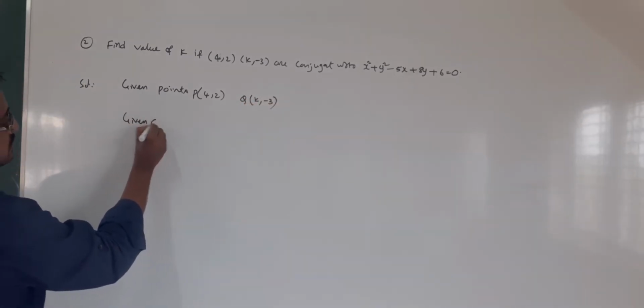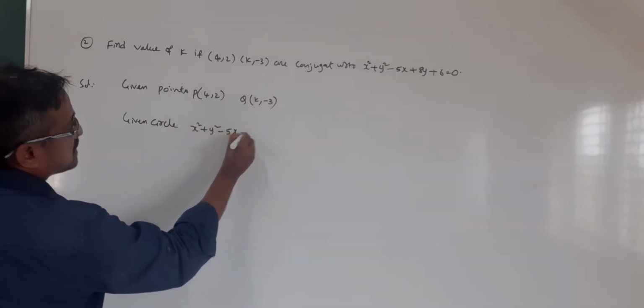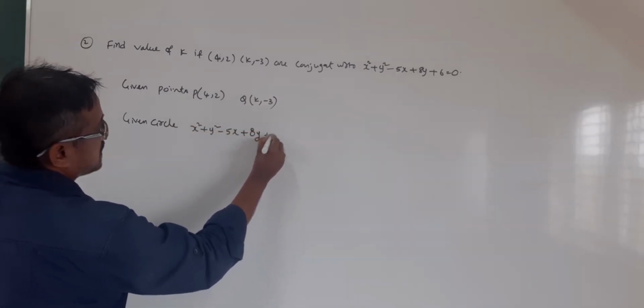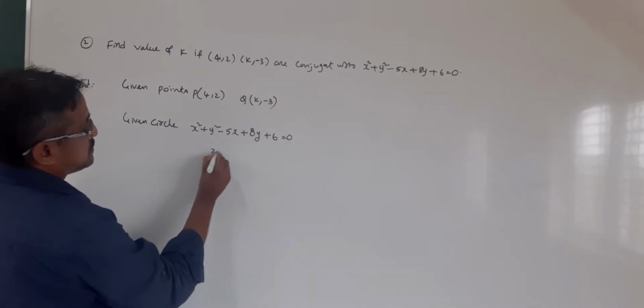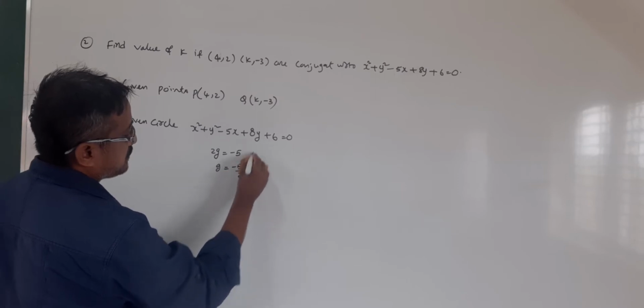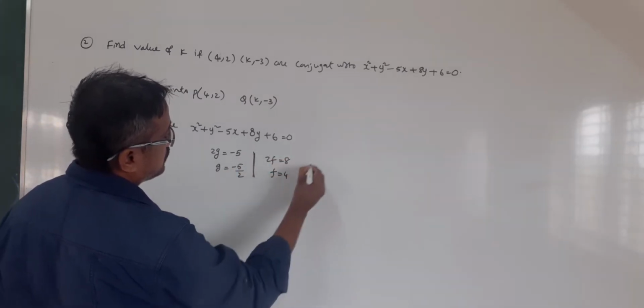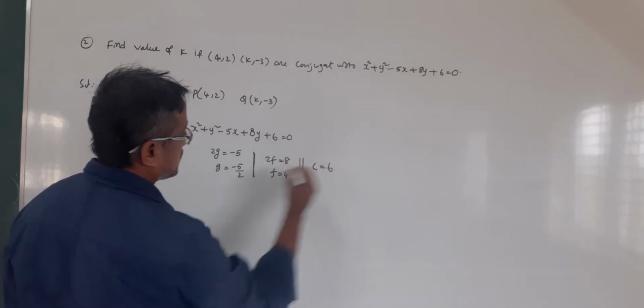Given circle x² + y² - 5x + 8y + 6 = 0. So here 2g = -5, g = -5/2, 2f = 8, f = 4 and c = 6.